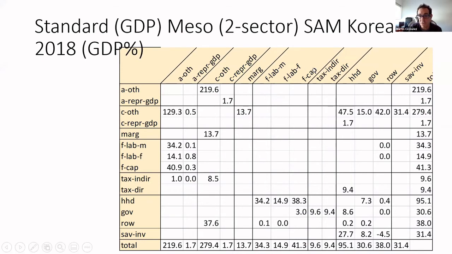And then if we look at the columns for factors, we see that most of the factor income is transferred to the household. And we also see some transfers to the rest of the world. So these are workers from the rest of the world that temporarily are working in Korea. So the labor income goes to the rest of the world. And then we have some capital income that goes to the government. And that is because the government is also the owner of some of the capital that is being used in Korea.